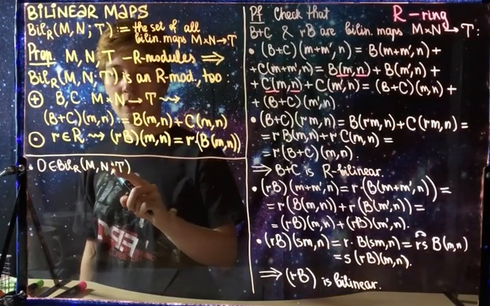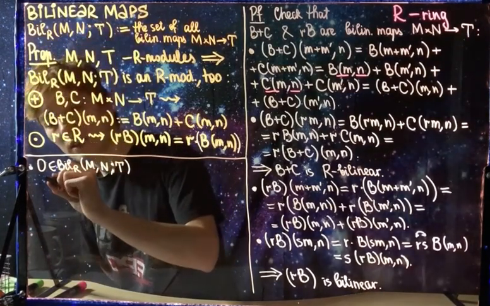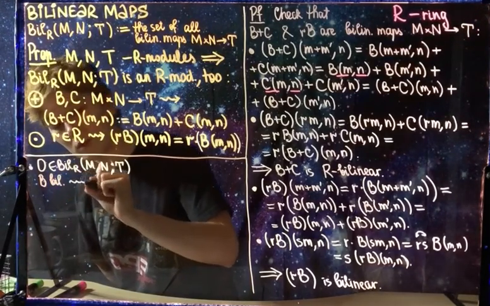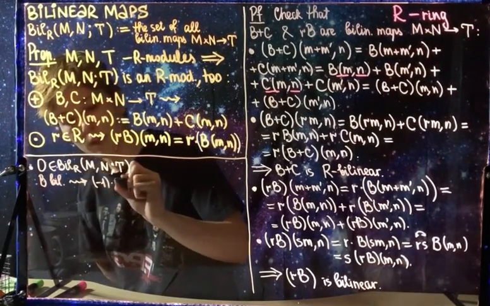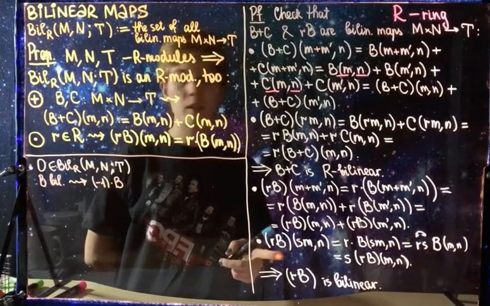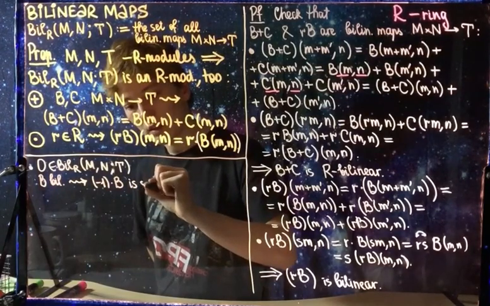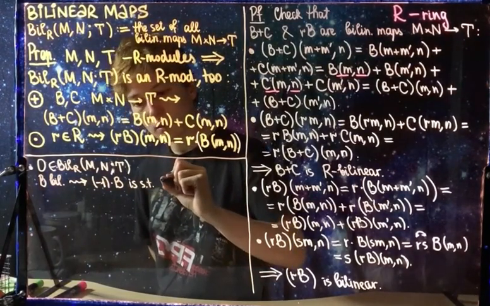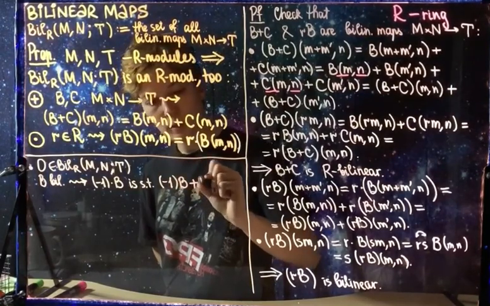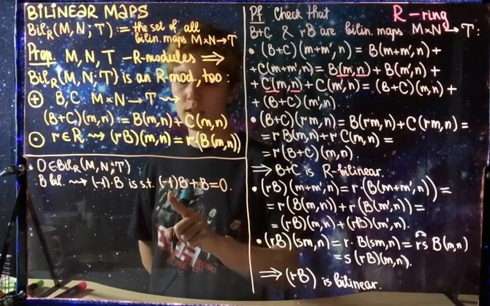And if we take a bilinear form B, then -1 times B is also a bilinear map. And it is such that -1B plus B is equal to 0. So every element admits an additive inverse.